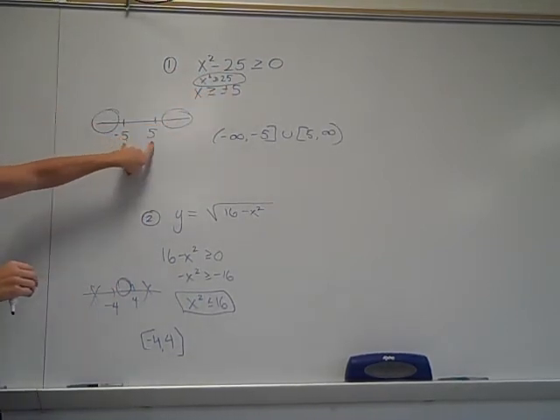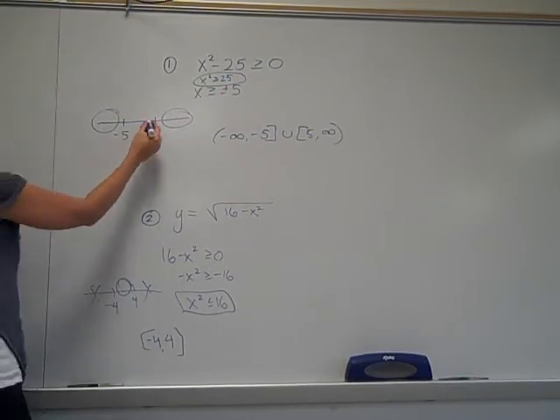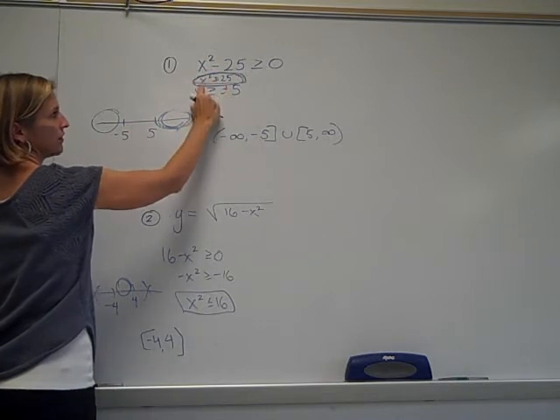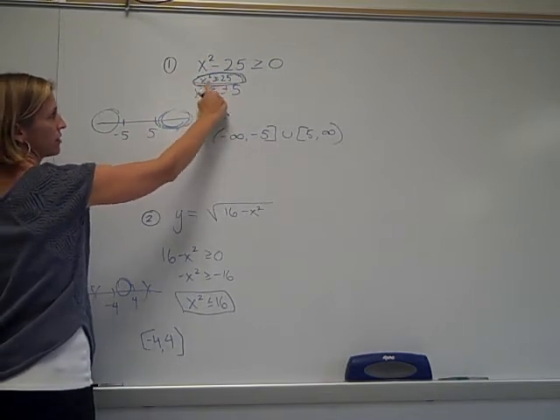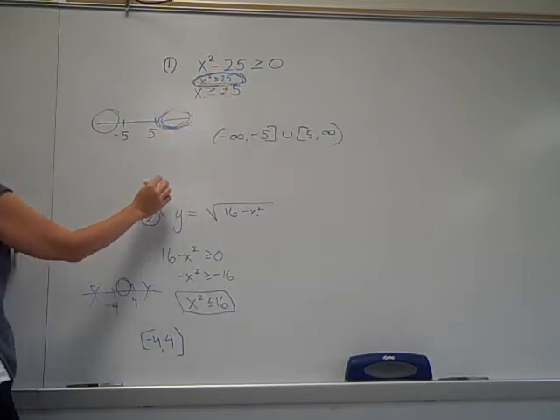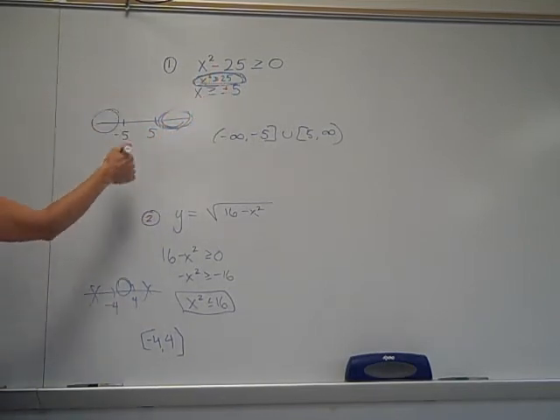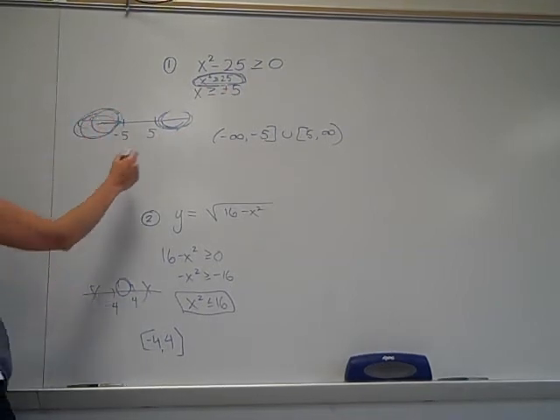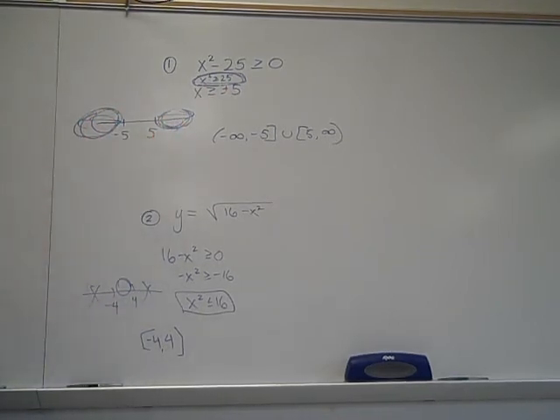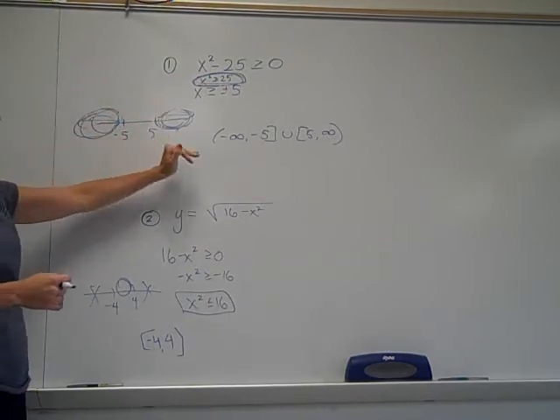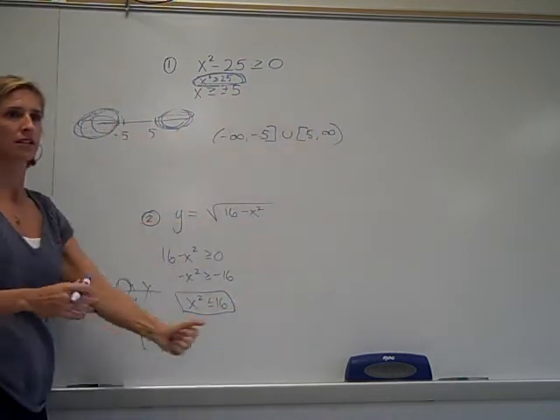If I put -5 and 5 on a number line, any x bigger than 5, including 5, works. If x is between these two, it's not working. If x is less than -5, it works again. So x can be anything from -infinity up to -5, can't be between them, and from 5 up to infinity.